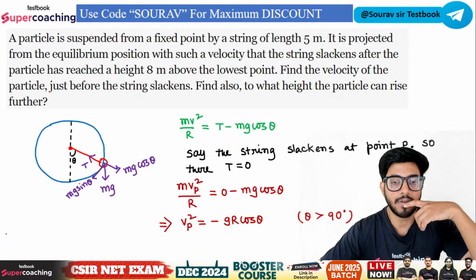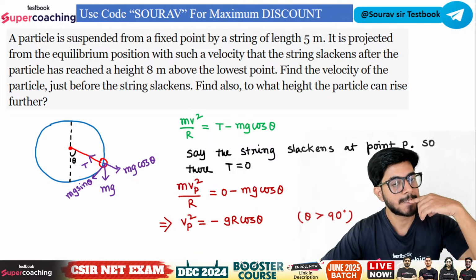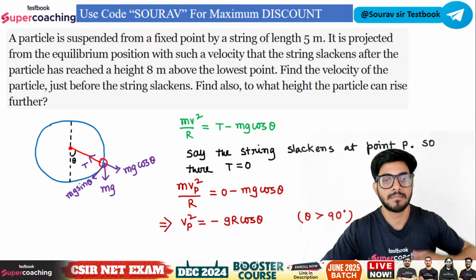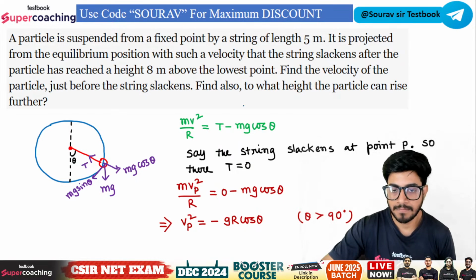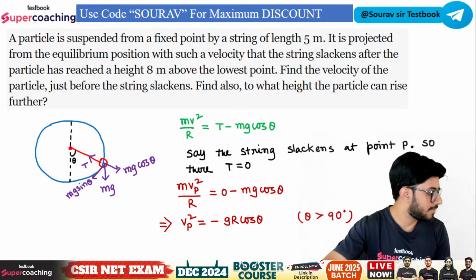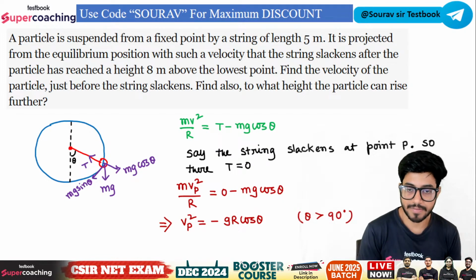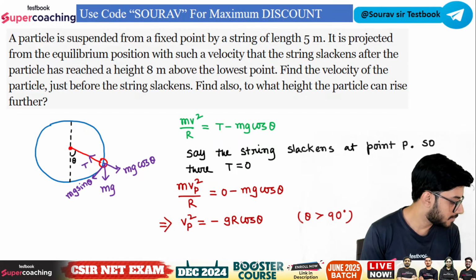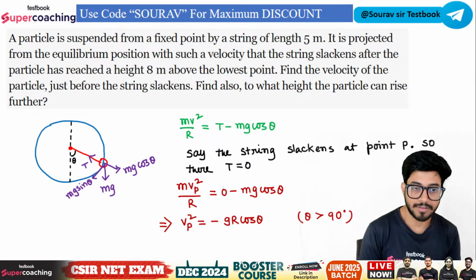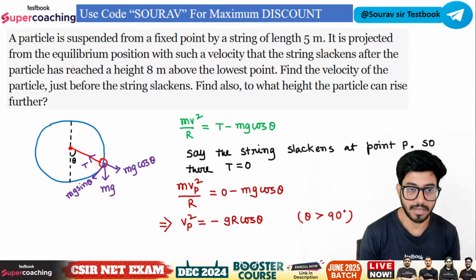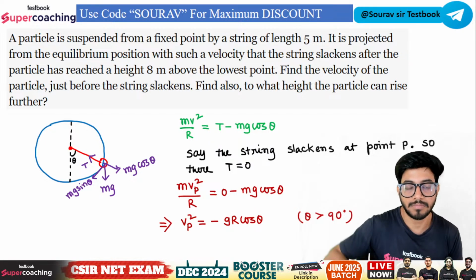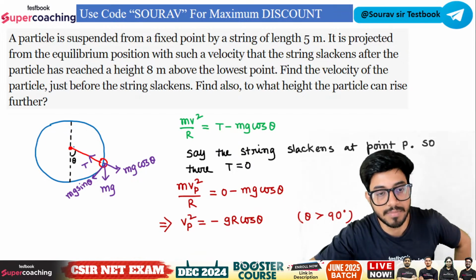Have I done anything wrong? So tension is T. T minus mg cos theta should be equal to mv square by r. But I know that at the point of slacking, T will be 0. So mv square by r should be equal to minus mg cos theta. So theta should be greater than that, right? Yeah. Now, okay, I think somewhere I have made a mistake.